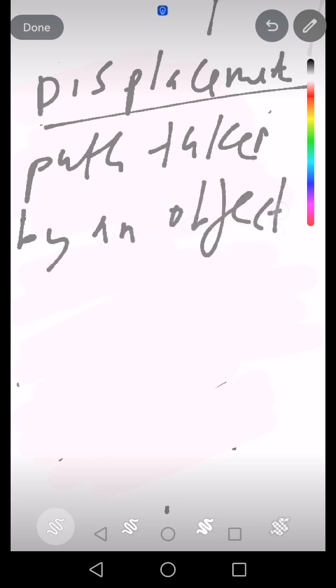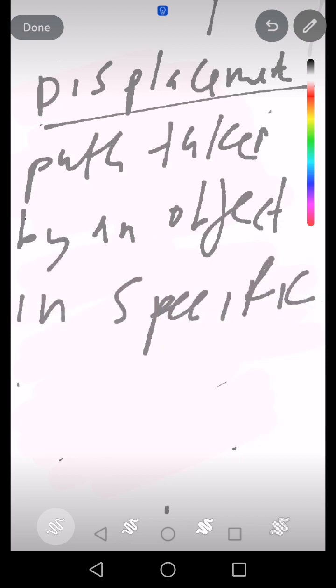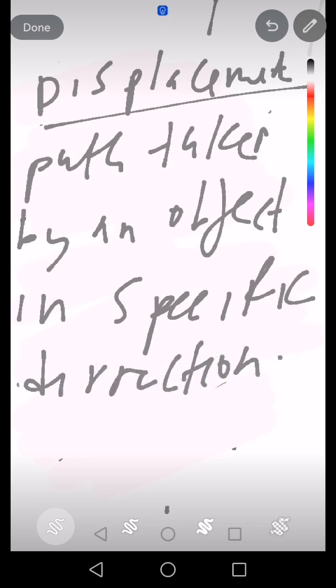It is the same definition, but for an object in a specific direction; that is the only difference. Displacement is a vector quantity, which has both magnitude and direction.